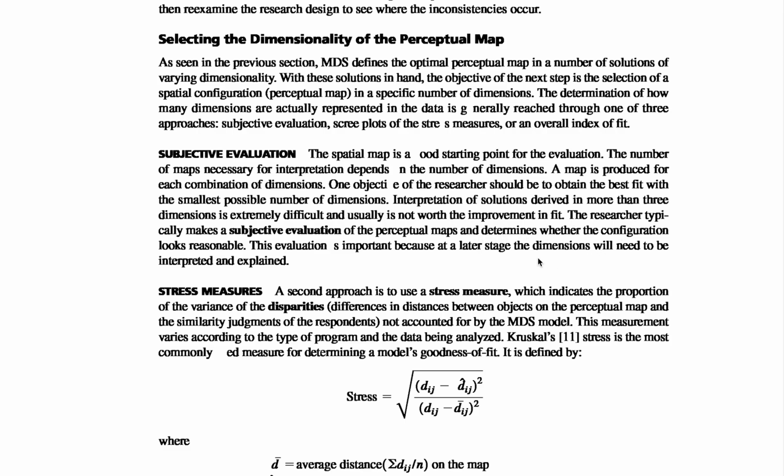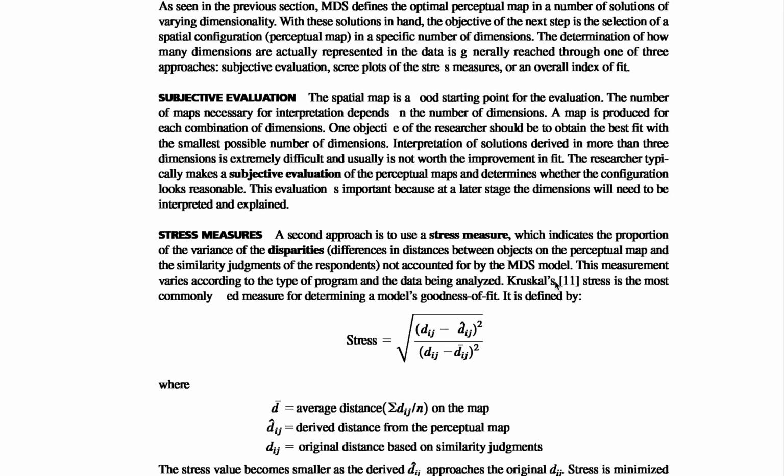The researcher typically makes a subjective evaluation of the perceptual map and determines whether the configuration looks reasonable. This evaluation is important because at least the first stage of dimensions will need to be interpreted and explained.